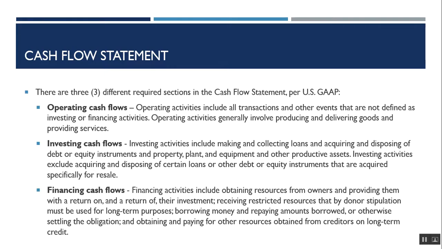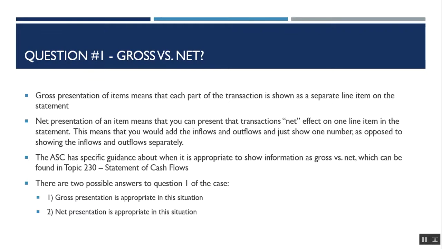Okay? So the key difference is that when you're talking about equity instruments, if it's the company's own stock, it's a financing activity. If it's a different company, it's an investing activity. And then debt and loans are included in financing activities.